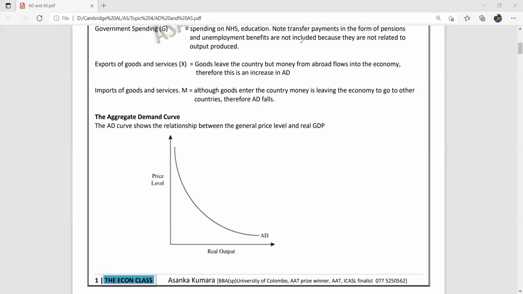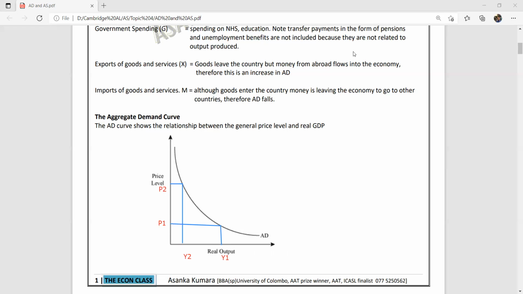A movement occurs along the aggregate demand curve. Here, the price level increases to P2. If so, output Y1 decreases to Y2.